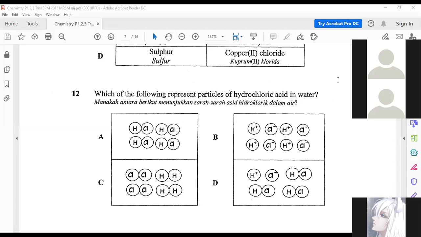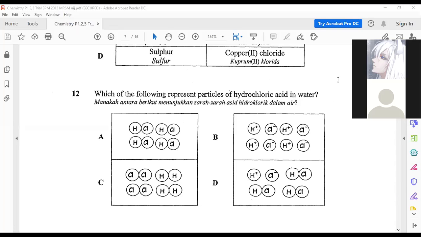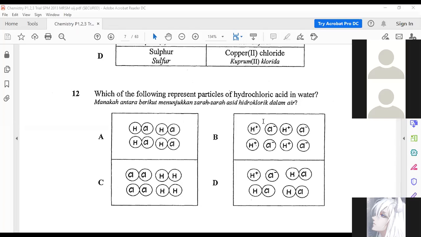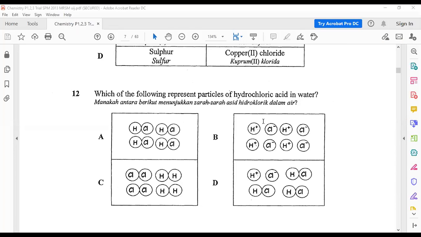Okay, thank you very much. Now, I have a question. Is hydrochloric acid a strong acid or a weak acid? Strong. Okay, good.